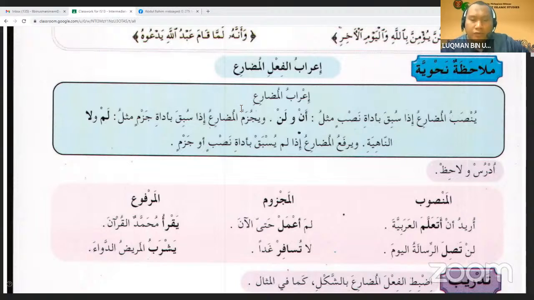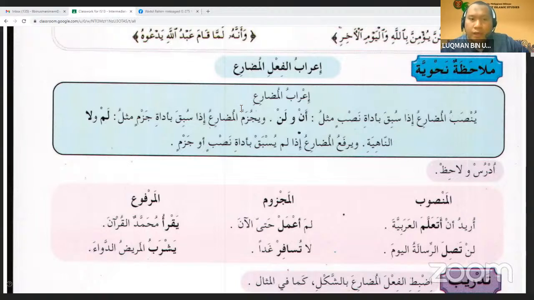Then the third case of a fi'al mudari', imperfect tense of the verb, is when it ends with a sukun. This case is called jussive case or majzum. So it ends with a sukun.